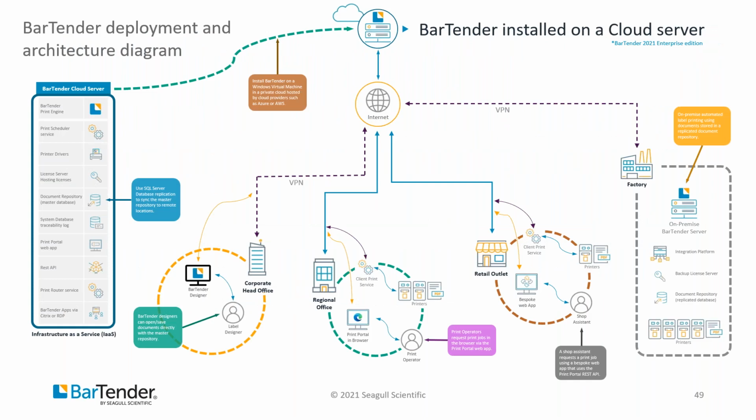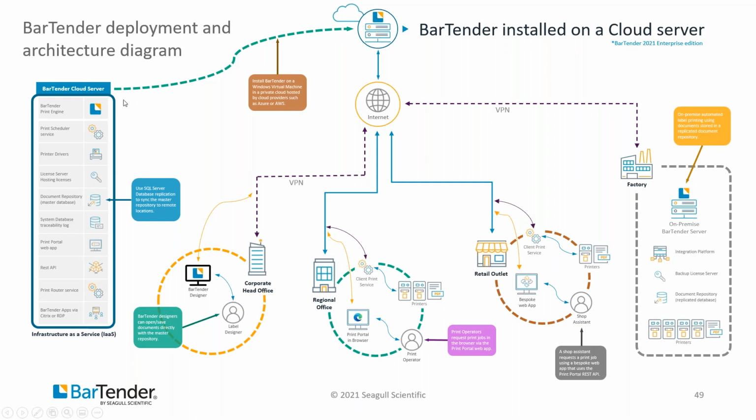So here we see an overall global diagram of what a BarTender installation in a cloud instance might look like. Here in the center we have the internet, and of course there's a cloud server using the infrastructure as a service cloud model.